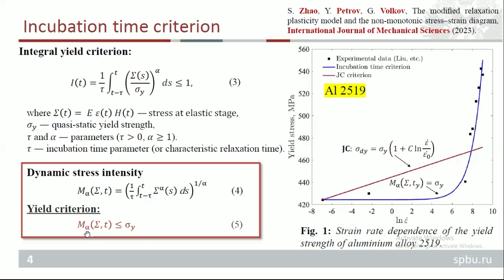And this new dynamic yield criterion states that the yield begins when this stress intensity reaches a certain critical value, which is a material constant sigma y. You can also find in figure 1 the rate dependence of the yield strength for this aluminum alloy. It shows that the yield criterion 5 provides a better agreement with the experimental data, compared with the performance of the Johnson-Cook model, represented by this straight line.